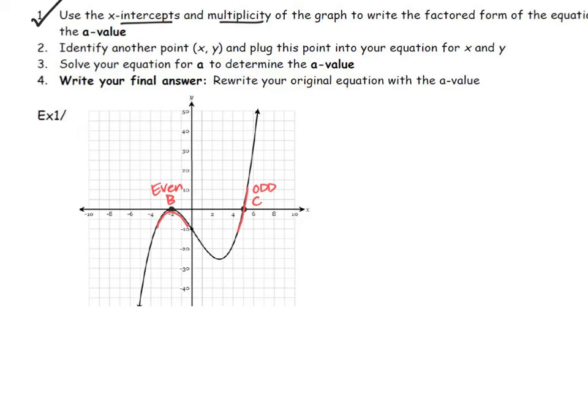So to set up our equation, we do f of x equals, remember that polynomials always start with that a value. We have 2 factors. So one factor, remember this value was -2. That means our factor is x plus 2.